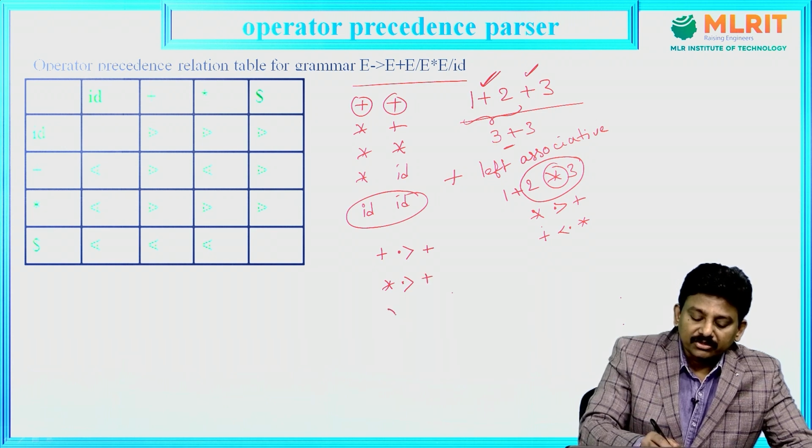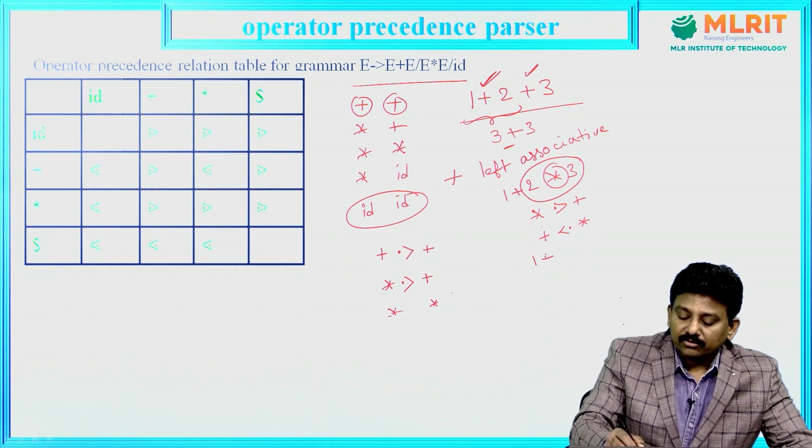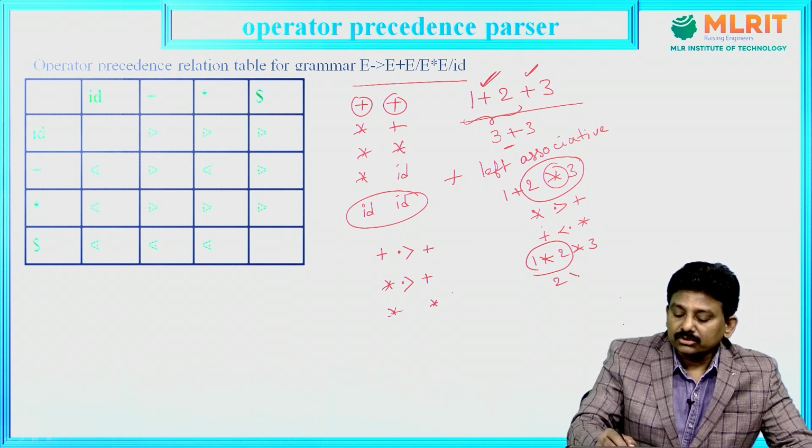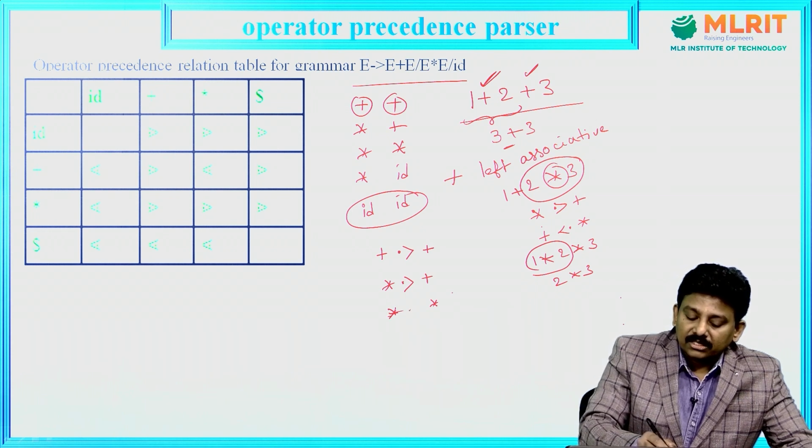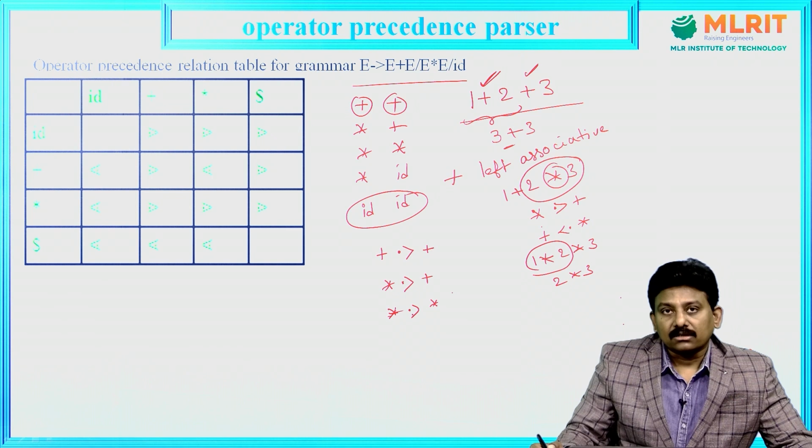And also between star and star, in 1 plus 1 star 2 star 3, first this expression will be evaluated, then 2 star 3. So the left hand side star has more precedence than the right hand side star.